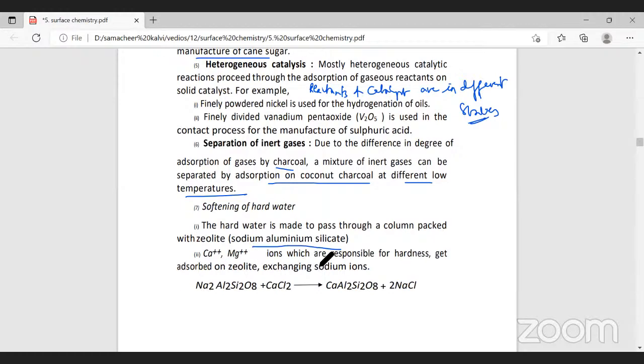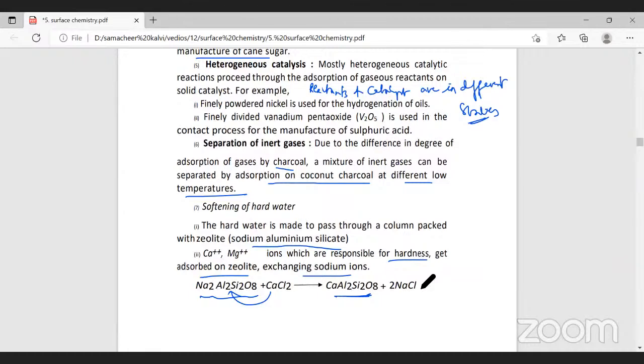Calcium and magnesium ions, responsible for hardness, get adsorbed on the zeolite, exchanging sodium ions. If water contains calcium chloride, it will adsorb on the zeolite to form calcium aluminum silicate, and the sodium ion will go into the solution. Therefore, the hardness of the water will be removed.